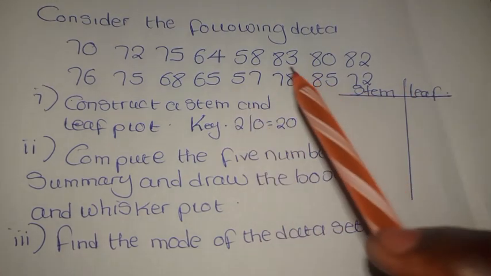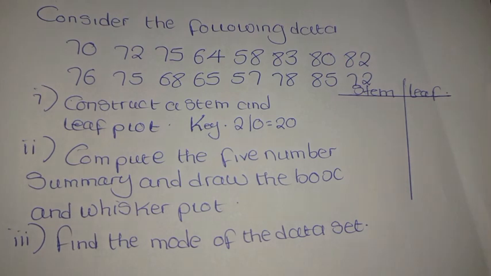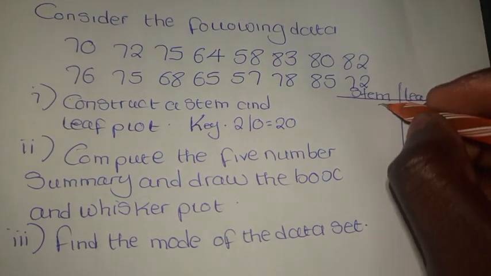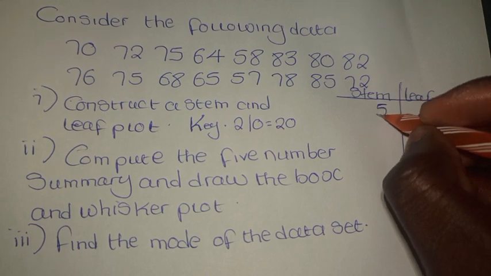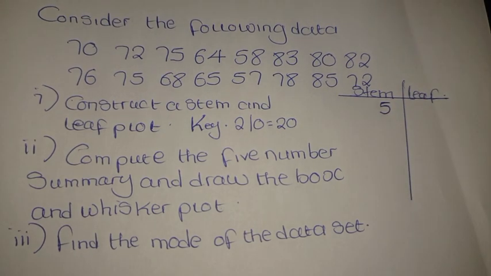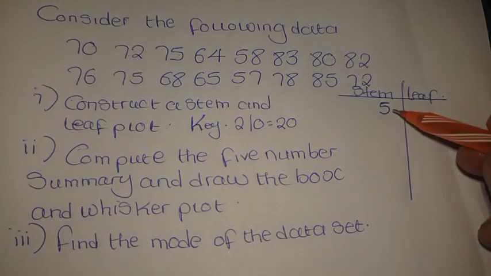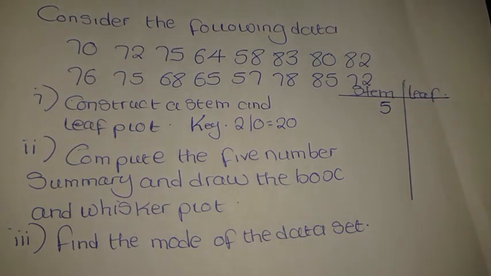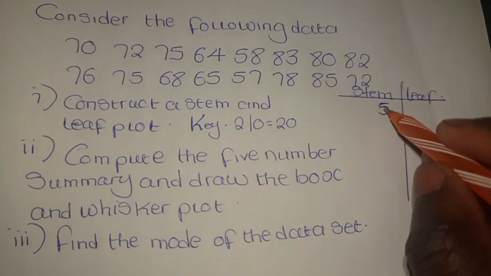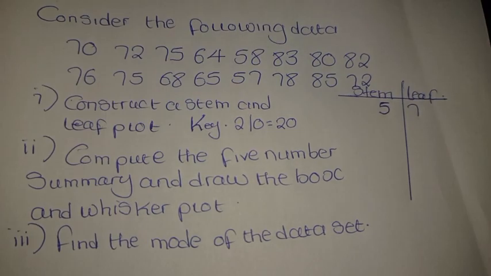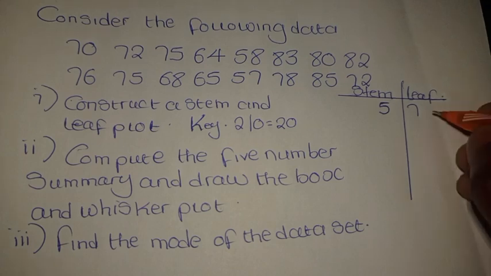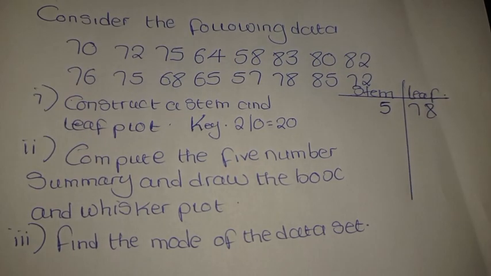If you check the data that you have, the lowest number is 57, so we'll start our data on 5. You can group them in groups of 10: 50, 60, 70, all the way to 80. We have 57 as our lowest, followed by 58.